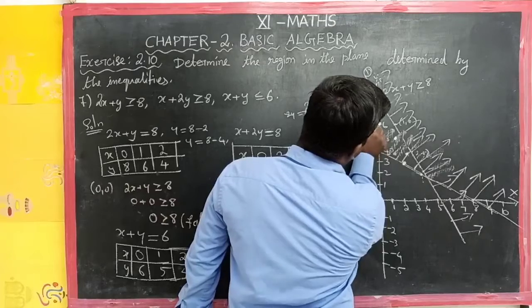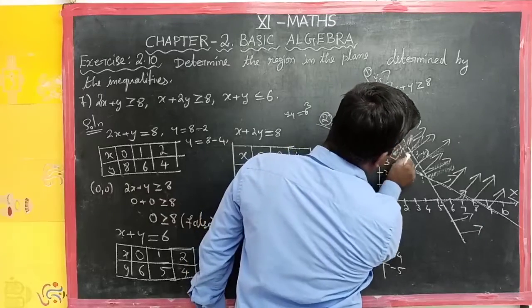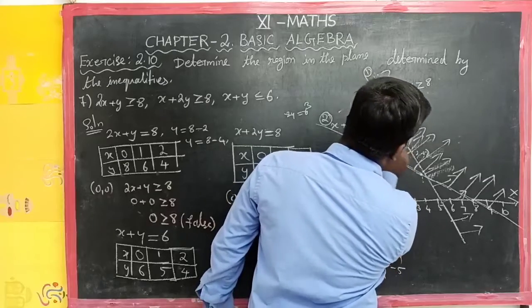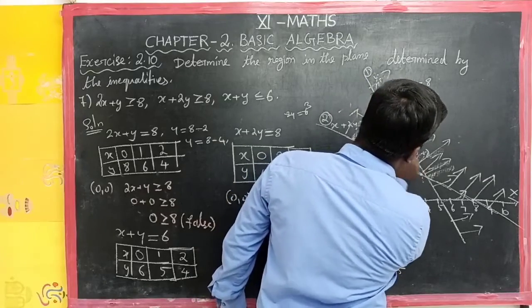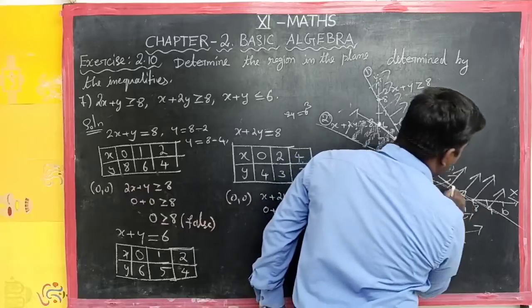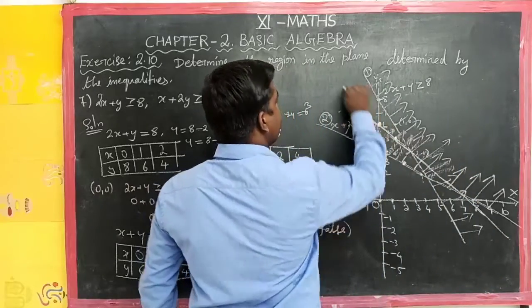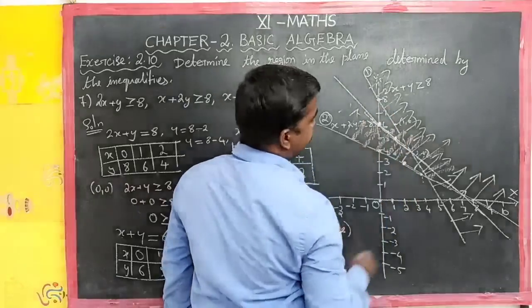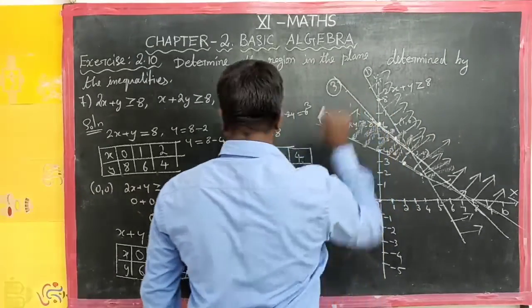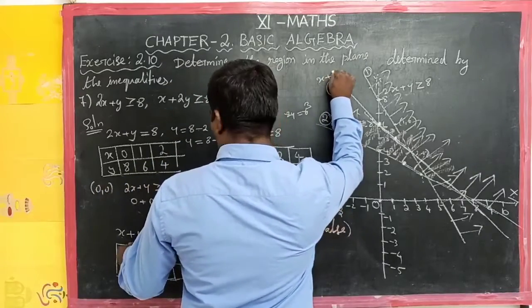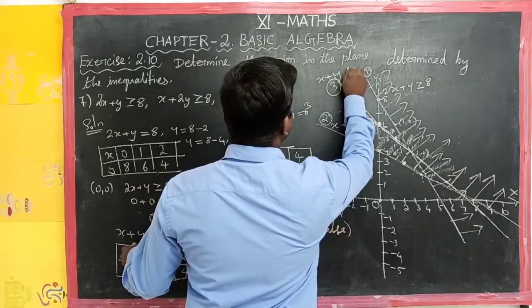These are all approximate values; you should draw an exact graph. This is the third line. The third line equation is x plus y is less than or equal to 6.